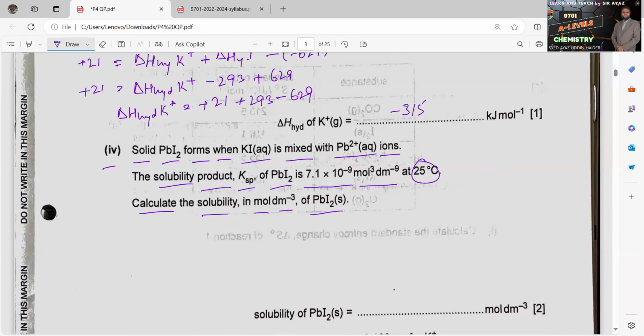For this, you should know the formula, that is Ksp, constant for solubility product, and it must be Pb plus 2 and we have I minus squared. Because this is the equation: PbI2 solid plus H2O liquid gives Pb plus 2 aqueous plus 2I minus aqueous.